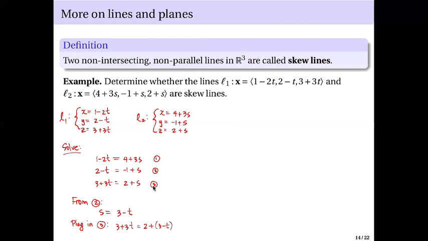What do we get? This guy here on the left-hand side, this is 5 minus t, which gives us what? 3t. We put the t on this side, we'll have 4t equals. Then we put the 3 on the other side, you have 5 minus 3, which is equal to 2. This gives us t equals 1/2.